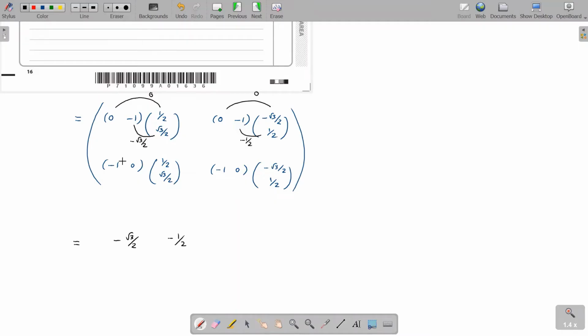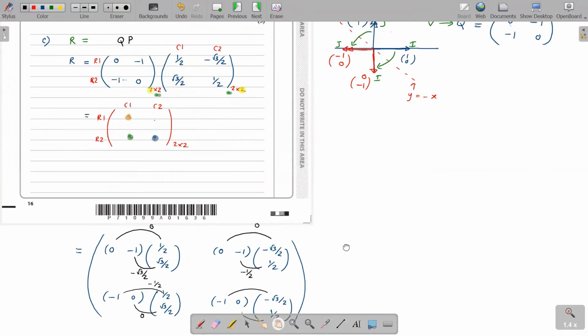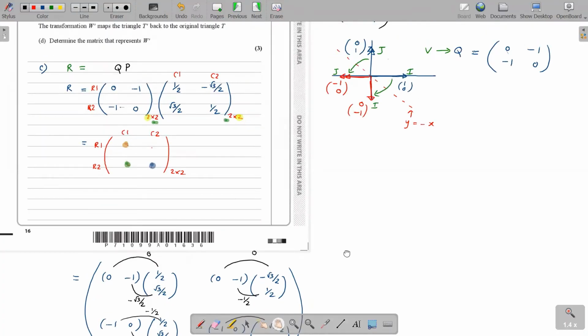The next element: -1 into 1/2 is -1/2, 0 into √3/2 is 0, so when you add these two, you get -1/2. The last one: -1 into -√3/2 is +√3/2, plus 0 into 1/2 is 0, so nothing to add there. So this is your matrix R, found by multiplying matrices in the order QP. Is this clear?